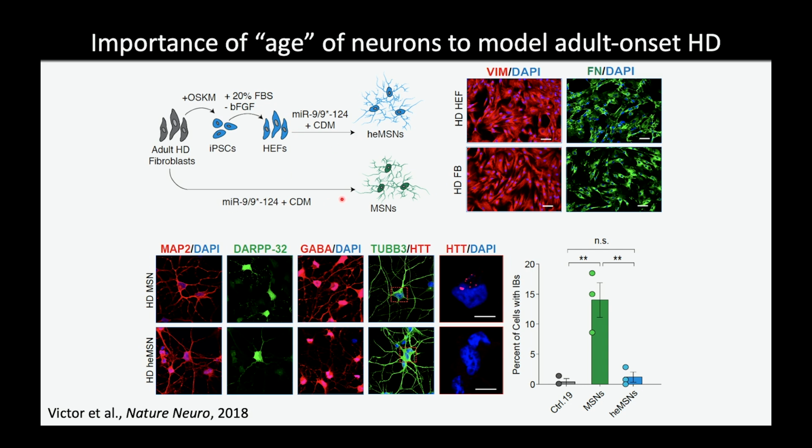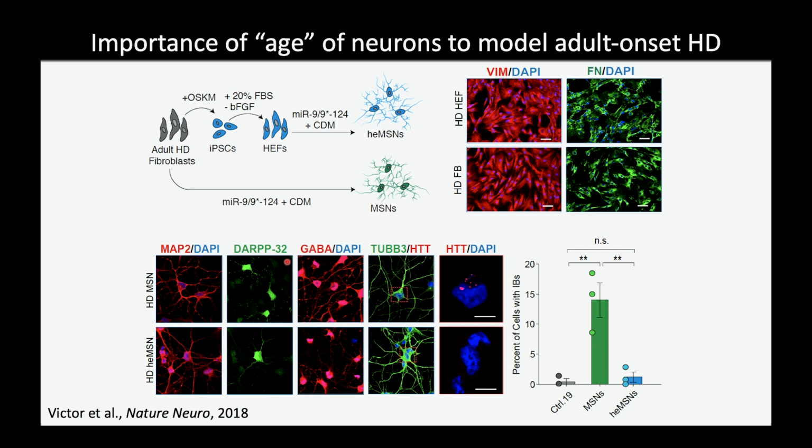Then we turn them into neurons using the same reprogramming methods. From the embryonic version of the fibroblasts we can generate patient-specific neurons, and we can also go from adult fibroblasts directly into neurons. Then we have these two populations, young and old. If we erase the age information, the phenotype that we used to see basically goes away.